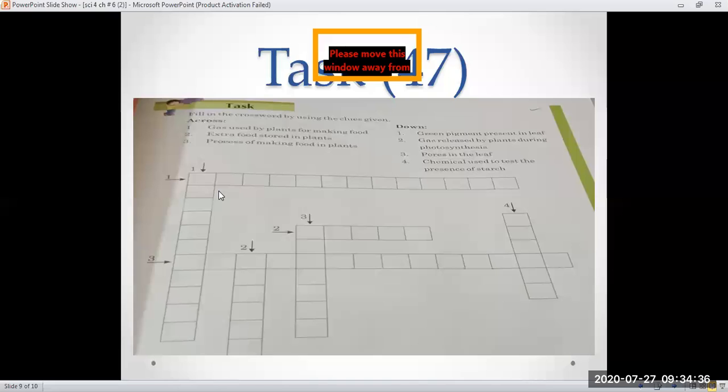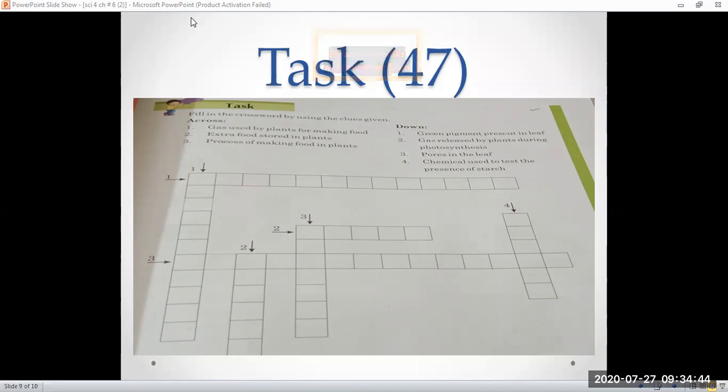Yes, Zoha, Alifia, Usman, you can give me the answer. Yes, carbon dioxide. So you are going to write here carbon dioxide.